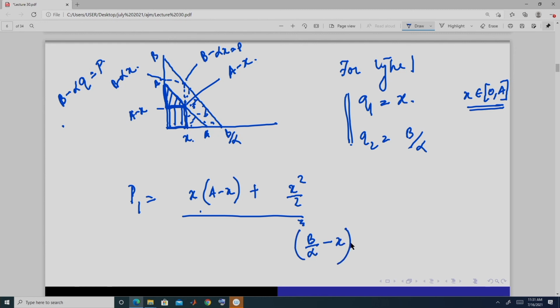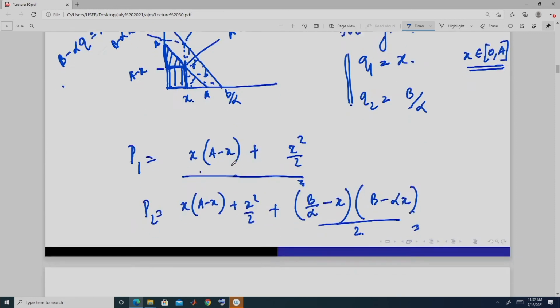This distance is the base and the height is this much, divided by 2. So, now P2 is this, plus it can charge this whole area, so that is the P1. It will get this.